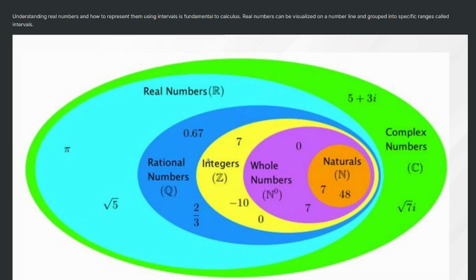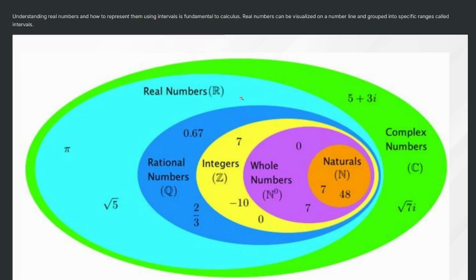So integers basically are natural numbers and whole numbers with negative natural numbers, and rational numbers are those in which numbers can be written in the form of a by b, like 2 by 3, 0.67. Fractional numbers are basically rational numbers, but there are also irrational numbers.